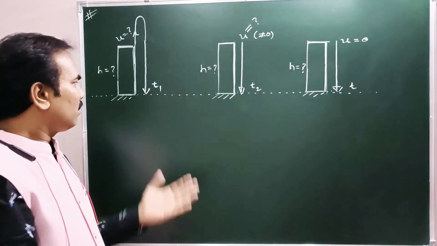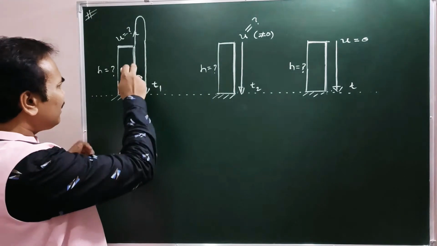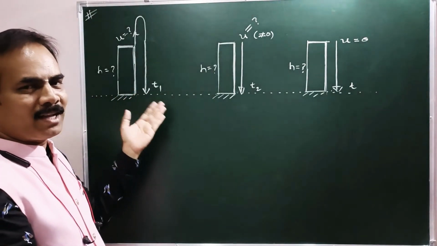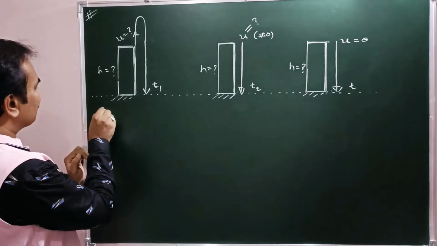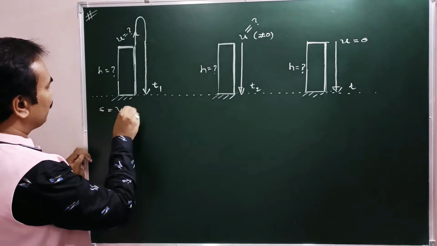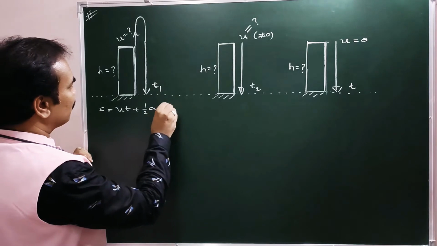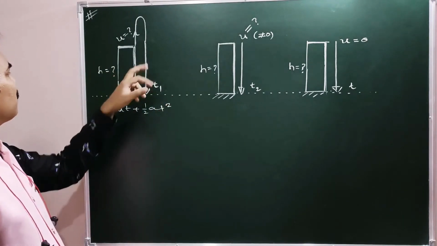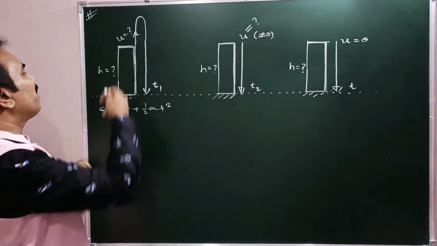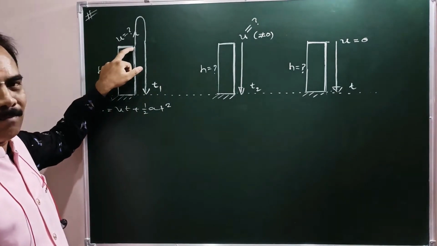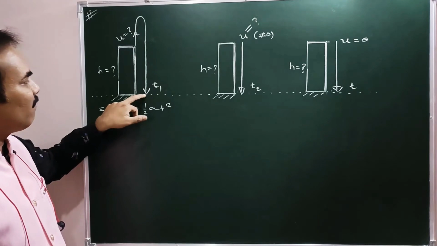Let's move on. See, first case, this is the body projected vertically upwards. Now take S equal to ut plus half at square, relating all these quantities: unknown velocity u, time taken T1, S equal to minus h. See here, this is the point of projection. This is the final position.